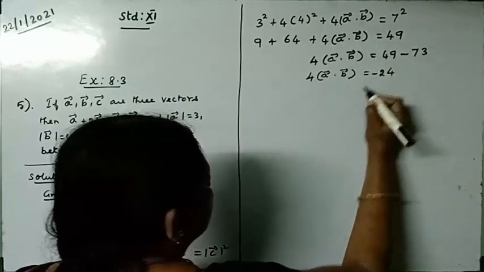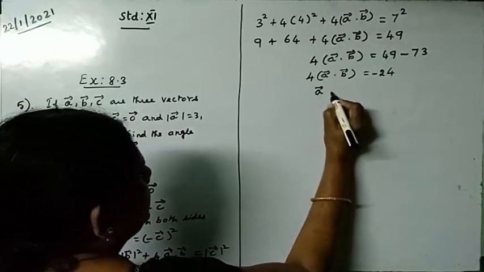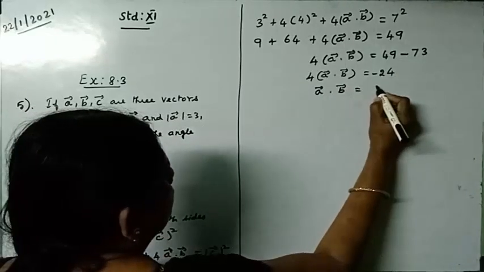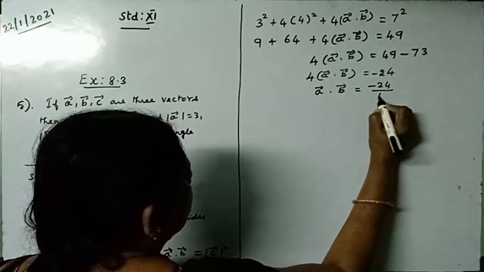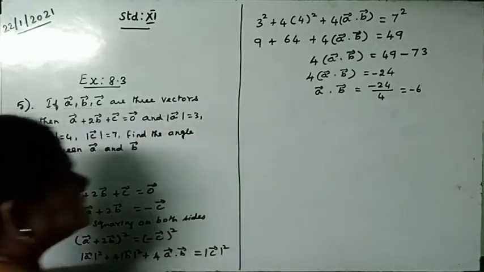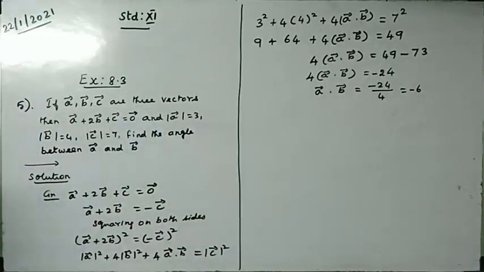Here it is minus, so minus. Therefore, A dot B is equal to minus 24 by 4, which is equal to minus 6. Now we got A dot B is equal to minus 6.